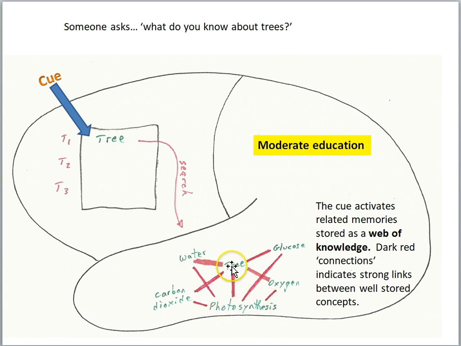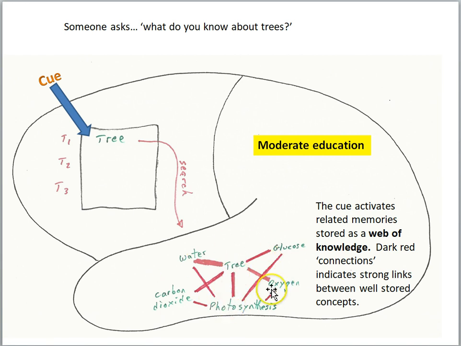Because they heard the word tree, they can activate the concept of photosynthesis in their long-term memory, load that up into the working memory system, and tell us that trees perform photosynthesis. In fact, they can go further. They know that photosynthesis involves the use of water and carbon dioxide, and it generates glucose, a sugar, with oxygen as a waste product. See, this person is well educated.